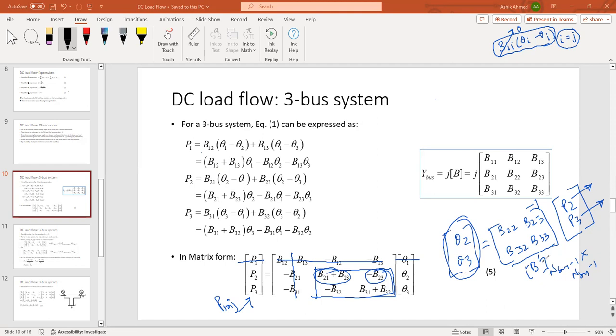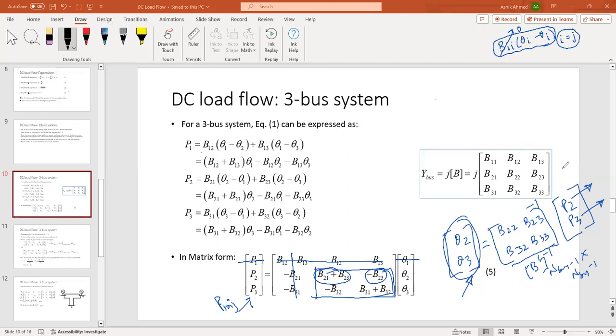So if I know B dash inverse, I can take the inverse, and hopefully this is invertible. Once this is invertible, I can calculate the inverse matrix here. And if I know the power injection here, I can calculate theta, and thus I can solve for the theta unknowns. And once I know that, then I can calculate the other P line flows and the remaining P injection.